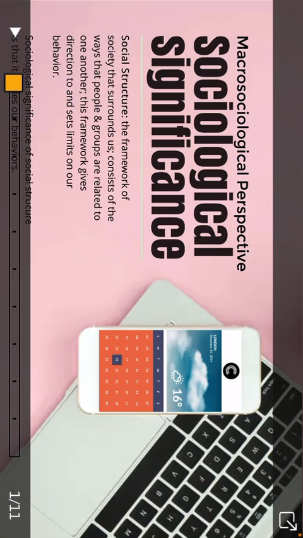There are certain components that are very important for us to look at within a social structure: culture, social class, social status, roles, groups, and institutions. We're going to further break some of those down here for you guys so you better understand. But understand that the significance of that social structure is what guides our behaviors.